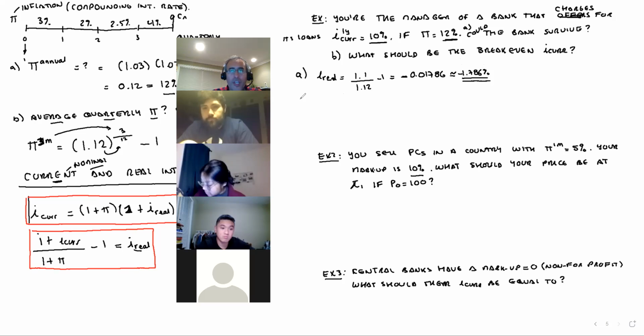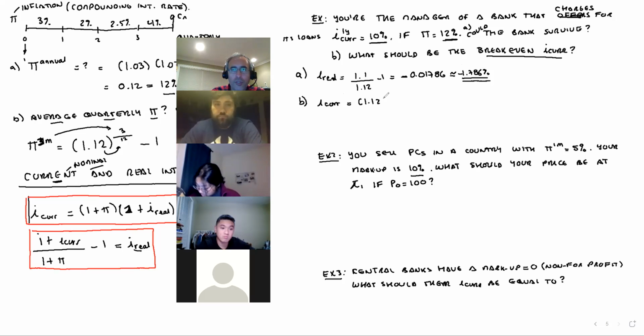Now, the second question is break even, guys. Break even implies simply that I want my real equal to 0. I'm making 0 profits. So this implies that my current should be equal to 1.12 over 1 plus 0, I'm just being explicit here, minus 1.